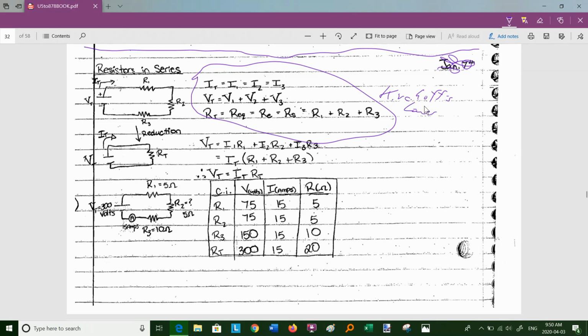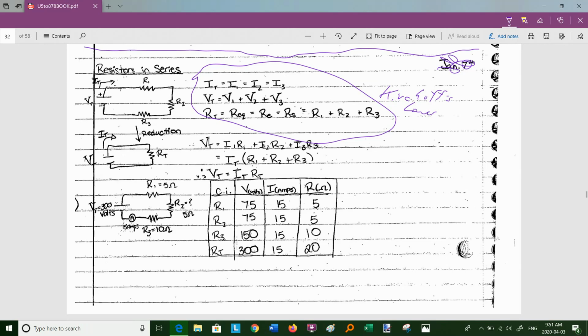Okay, and the total resistance, I can bundle up these three resistors in series into an equivalent resistance, which I can call REQ or R total or RE or RS, because this is in series. You'll see all those terminologies as you get into circuit analysis, and it is simply the sum of R1, R2, and R3.